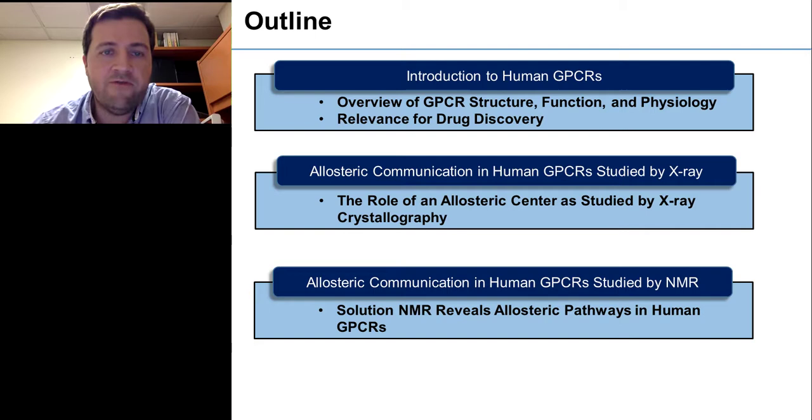And in the third and final section, we're going to be talking about allosteric communication in human GPCRs as studied by NMR spectroscopy. And specifically, I will tell you about how solution nuclear magnetic resonance, or NMR, reveals allosteric pathways in human GPCRs.